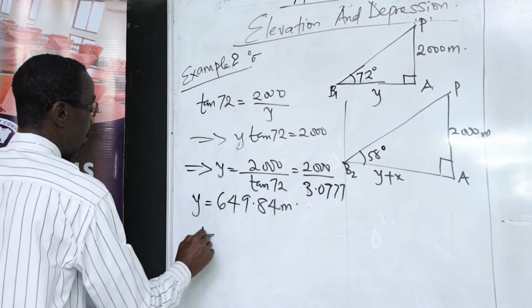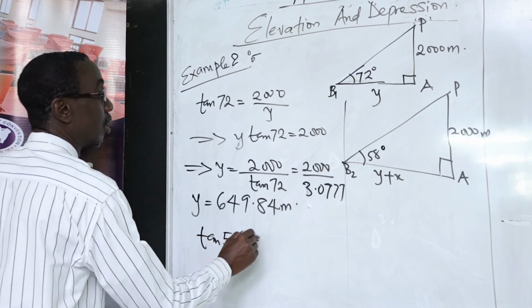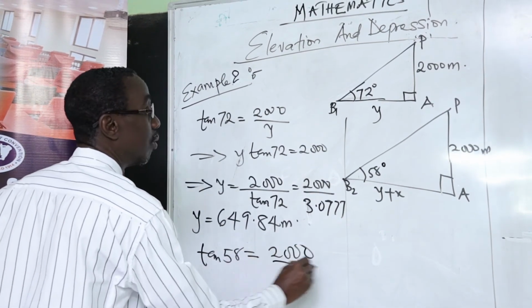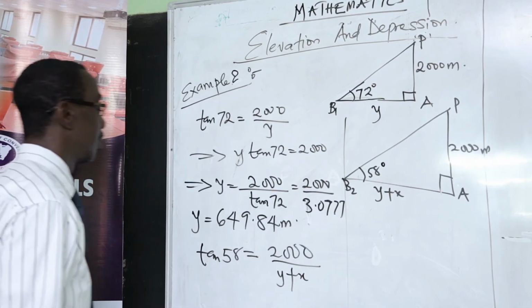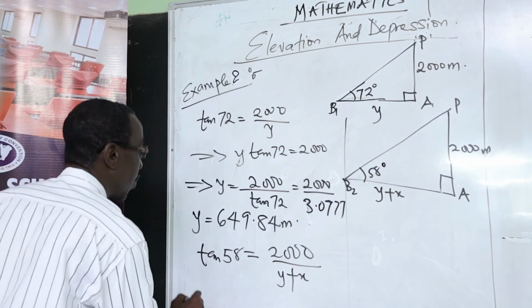So I can say tan 58 is equal to 2,000 over Y plus X. But Y is already what? 649.84.